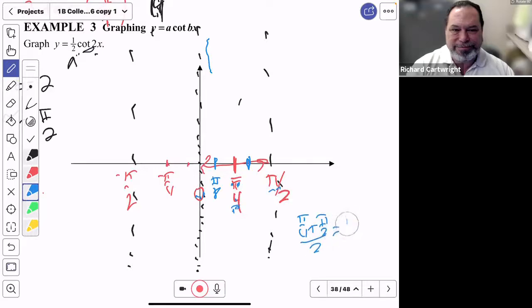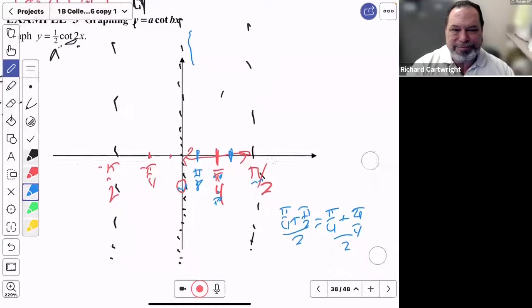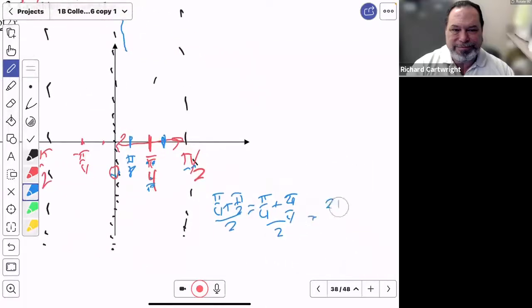Well, pi over 4, I'll do a common denominator, plus 2 pi over 4, over 2, is 2 pi over 4 divided by 2, which means 2 pi over 8, which means pi over, can't be pi over 4.